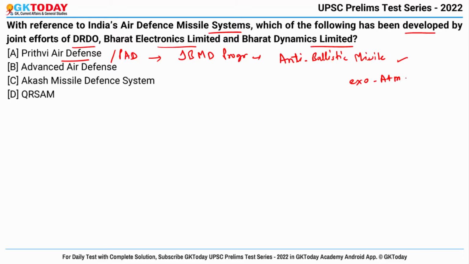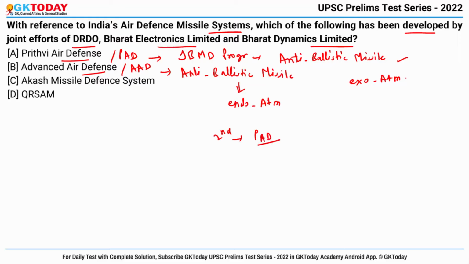Okay. Second is Advanced Air Defense, or AAD. This is an anti-ballistic missile for intercepting ballistic missiles in the endo-atmosphere, and it is the second layer of defense to complement the Prithvi Air Defense.